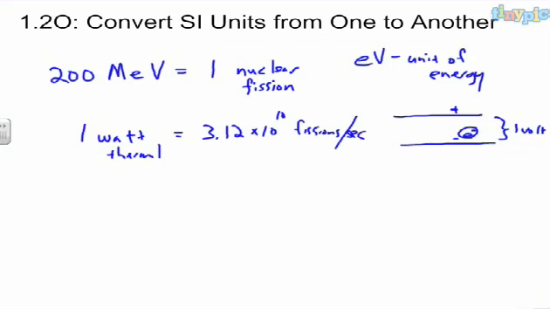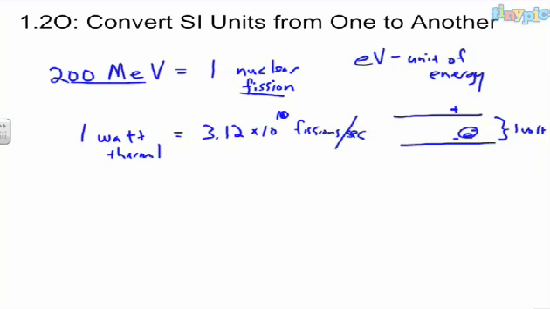So even though each one of these nuclear fissions does not put off very much power, if you've got 3.12 times 10 to the 10th of anything going on every second, all of a sudden you can start making some real power. So let's take a look at maybe how many fissions are going on out at your local nuclear power plant.